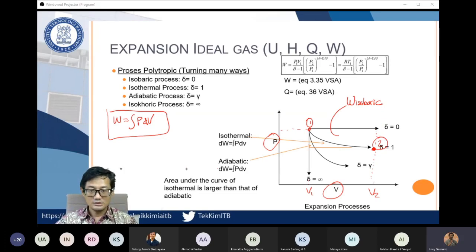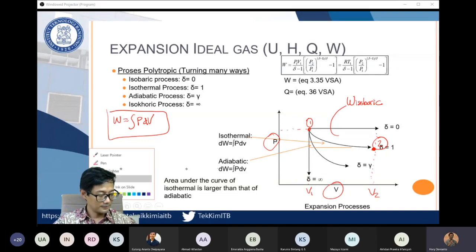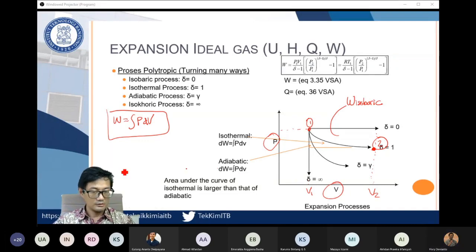The initial still remains V1 and the final remains V2. But now the curve is different, not an isobaric curve, but an isothermal curve. Now let's draw the area under the curve. So the area would be like this.